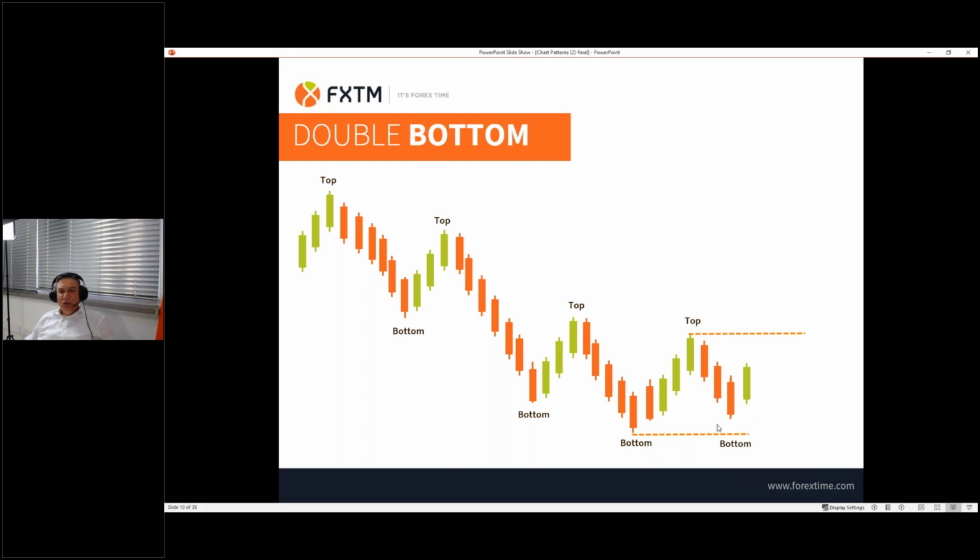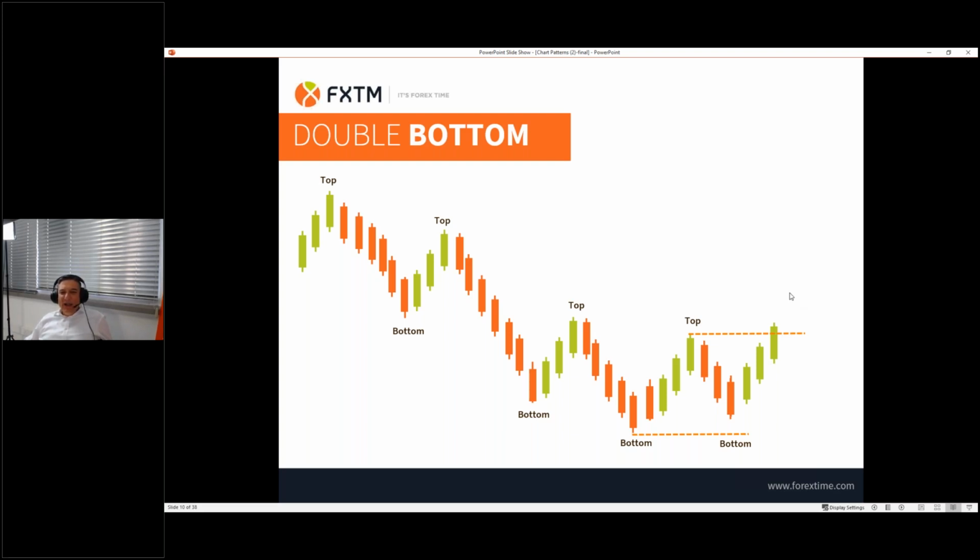Yes, we see two bottoms, and then prices move above the last top. Now a double bottom reversal is in place and it signals the end of the downtrend and the beginning of a new trend in the opposite direction, which is actually an uptrend.